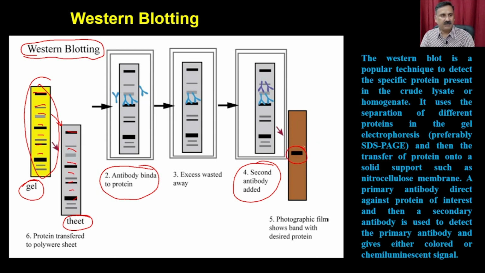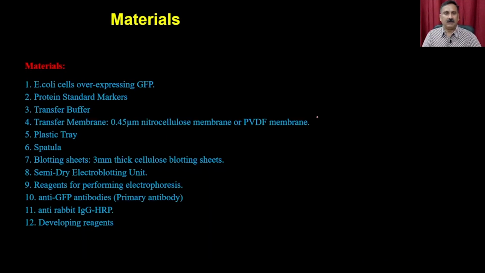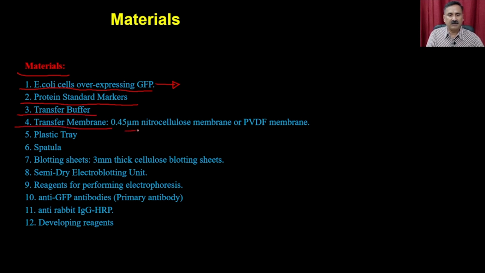So there are multiple steps you have to follow, and there are discrete recipes and protocols to follow to perform the Western blotting. Whatever material you require: in this case, we are taking an example of E. coli expressing GFP protein. Then you require the protein standard marker, the transfer buffer, and the transfer membrane like the nitrocellulose membrane or the PVDF membrane.